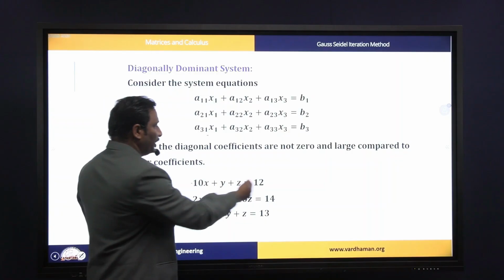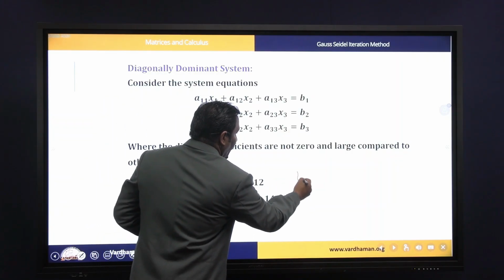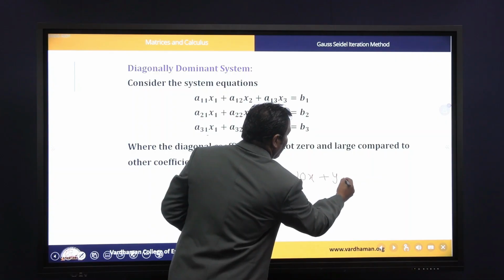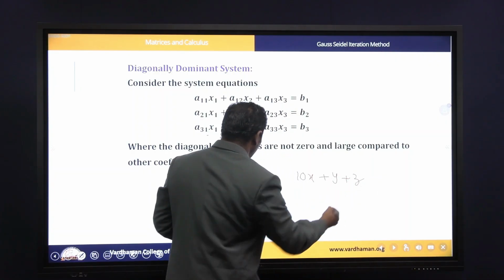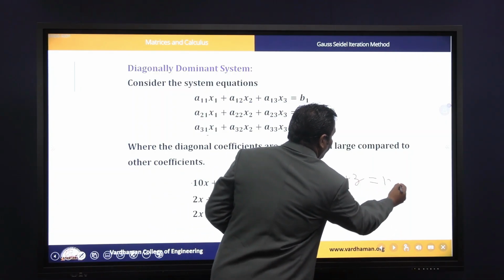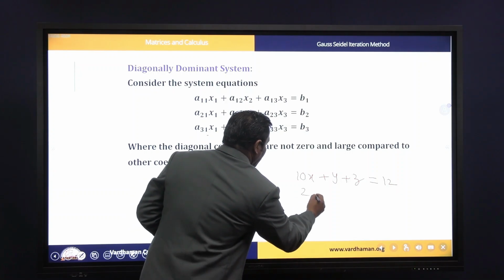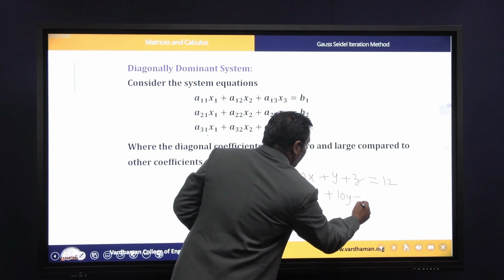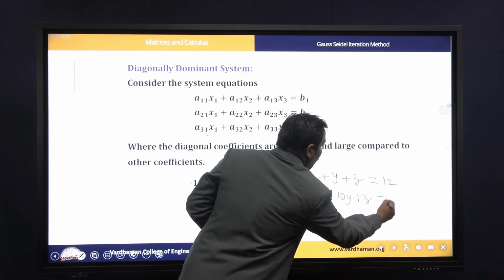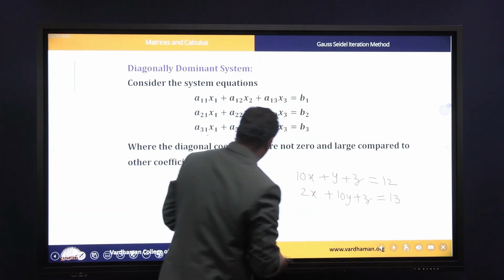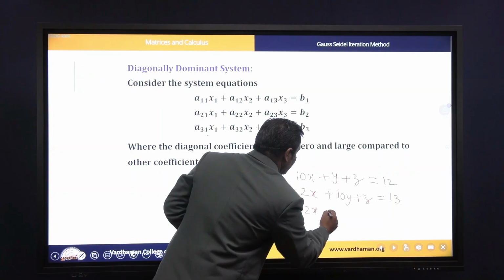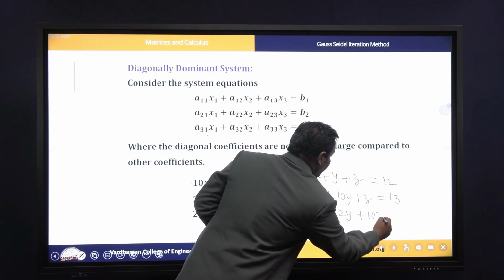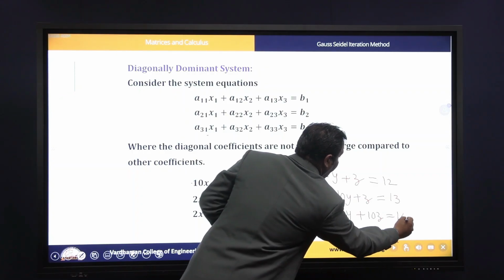To rearrange, we write it as: 10x plus y plus z equals 12, and 2x plus 10y plus z equals 13, and next 2x plus 2y plus 10z equals 14.